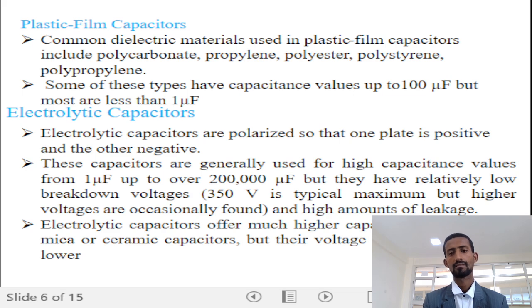Do you remember the characteristics of a capacitor in the previous class? We have seen that one of the characteristics of a capacitor is leakage. Electrolyte capacitors offer much higher capacitance values than mica or ceramic capacitors, but their voltage ratings are typically lower.